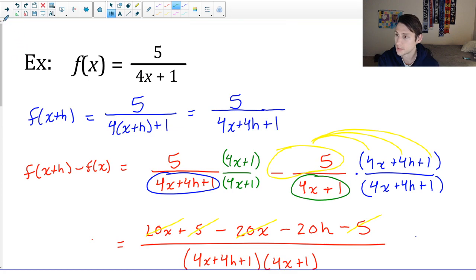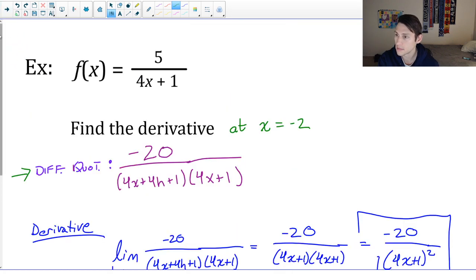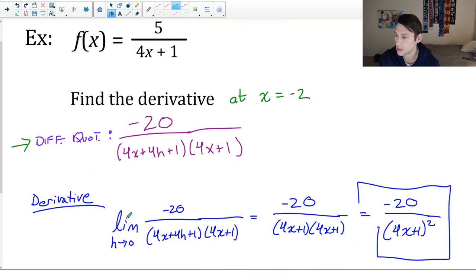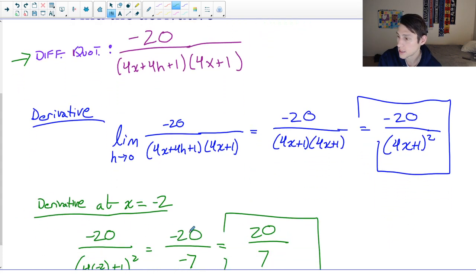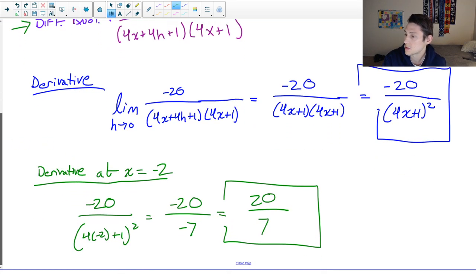Okay, so it's the buildup that takes the most work. The actual derivative part, where you do the limit as h approaches 0, that's not bad at all. Or just plugging in some x value that it wants you to find the derivative at, also not bad. Okay, but just can you do the algebra working up to it?